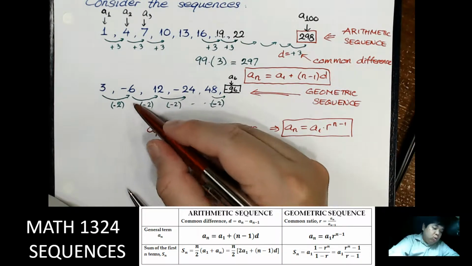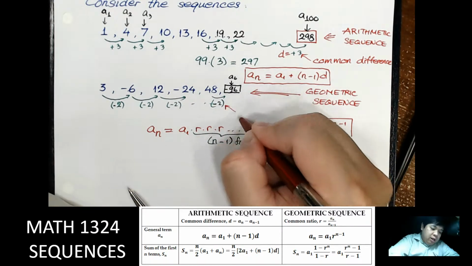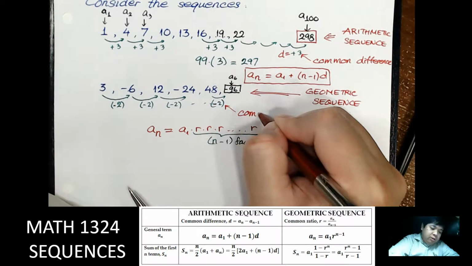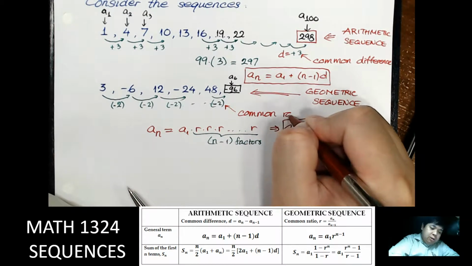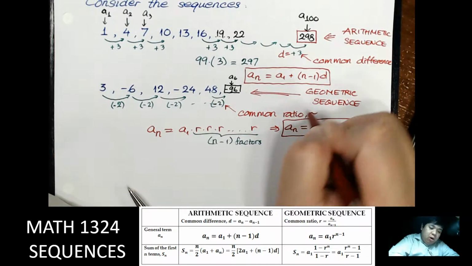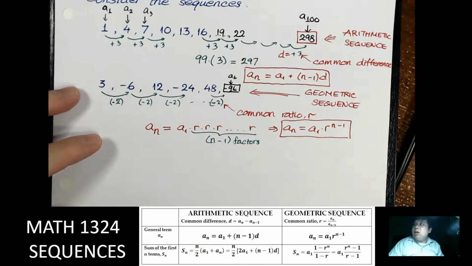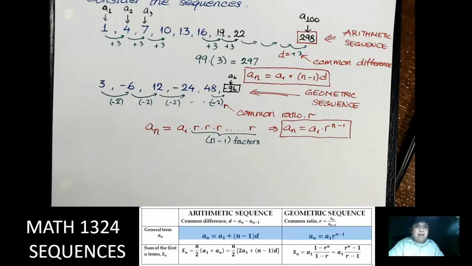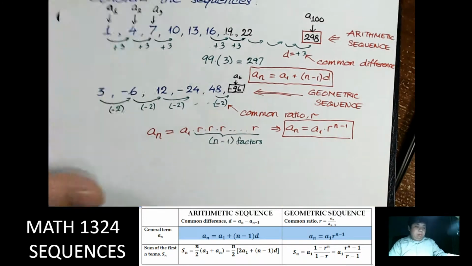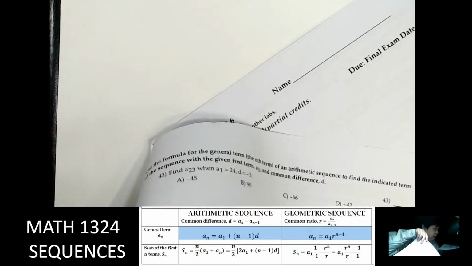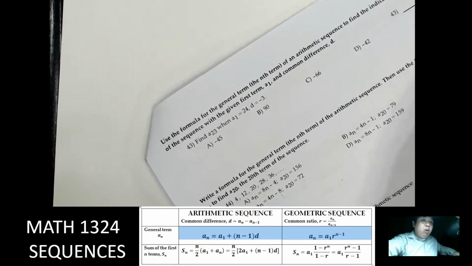And the number that we multiply by each time is called the common ratio, denoted by r. Right. So of course we have those two formulas here. I highlighted that. Right. Now we do a few examples of both of these.